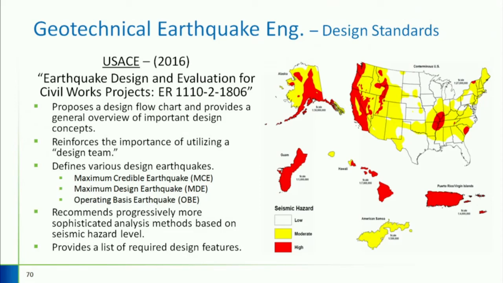These are just different levels of a design earthquake that you would want to achieve. For instance, the operating basis is one that you would maintain operation even if that event occurred. Another suggestion here is that you've got seismic hazard levels, mapped throughout the entire US. We are in the moderate to high in South Carolina.